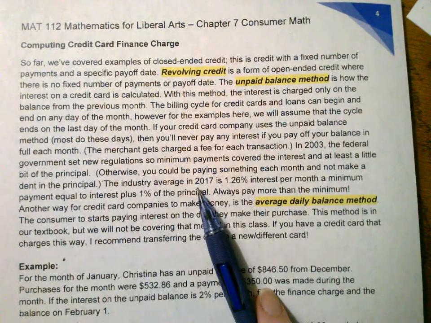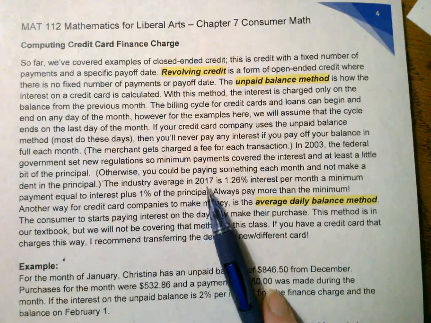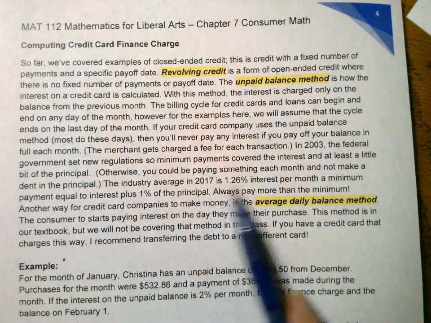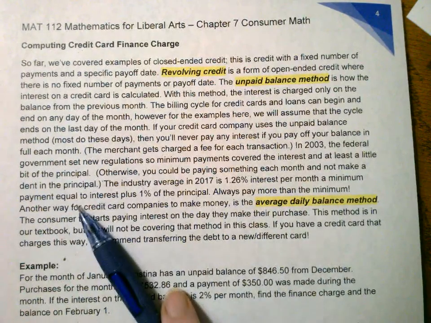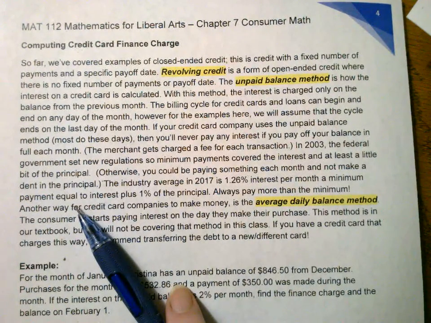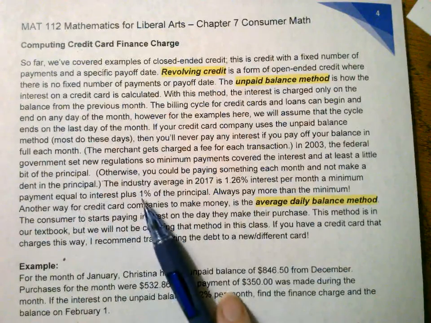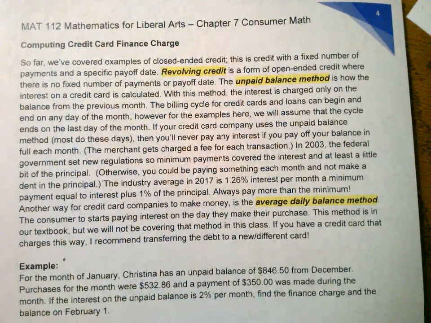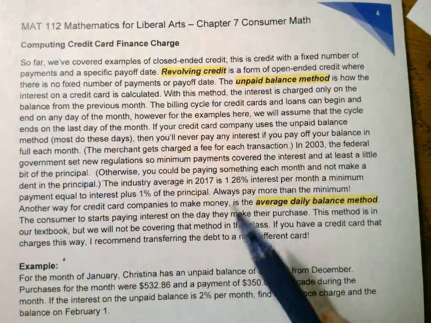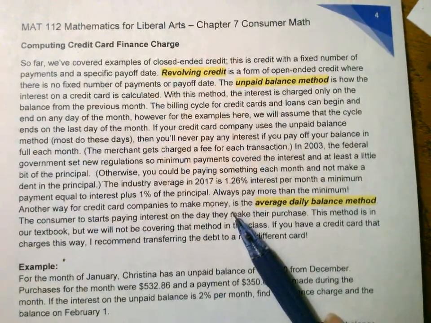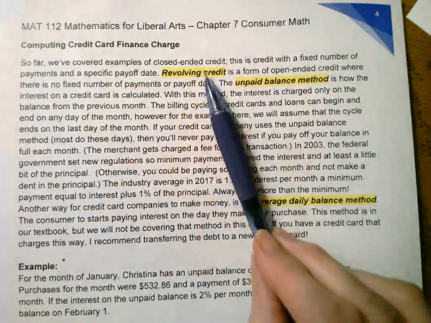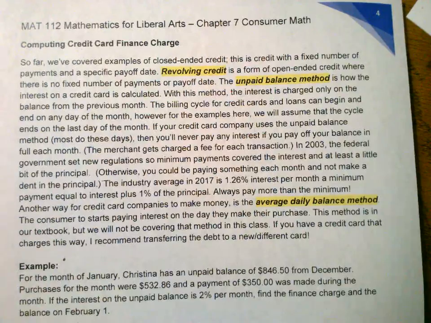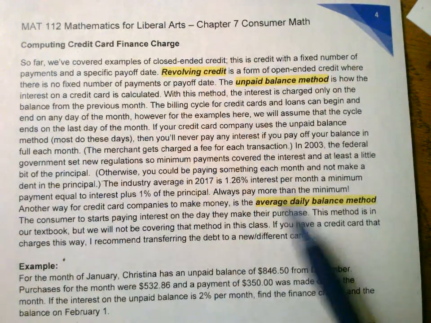So in 2017, they decided it was 1.26 interest per month, a minimum payment equal to the interest plus 1% of the principal. So they figured out how much they were supposed to charge you at minimum to help the average citizen get this revolving credit that's never ending, open-ended, to actually get paid off someday.